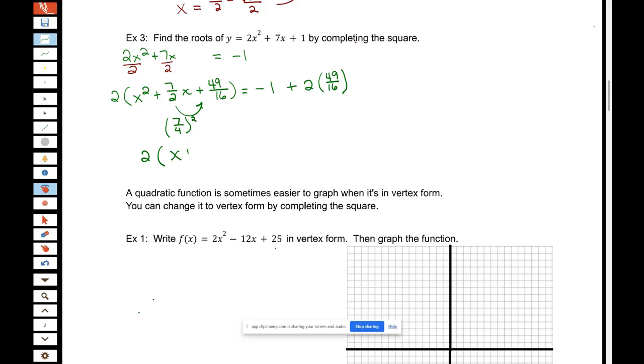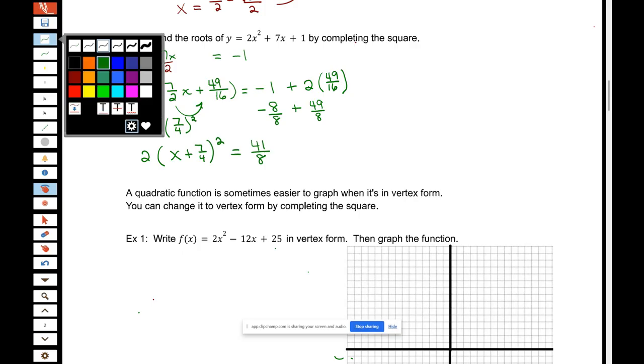2 times x plus 7 over 4 squared equals, let's see, 2 over 16 is going to reduce to be an 8, so that's 49 over 8, which means I'm going to make this -8 over 8 so that I have common denominators. That's going to give me 41 over 8.